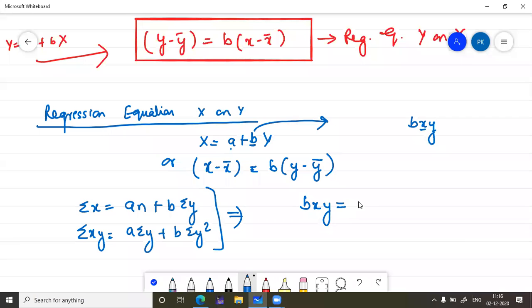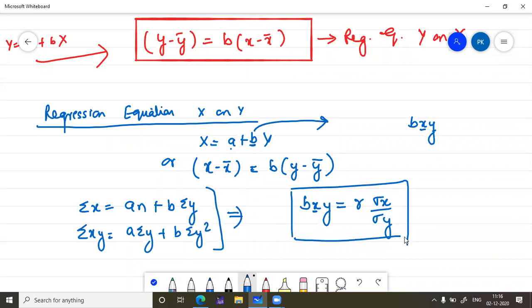So bxy is r, the variable that comes first is in the numerator and the second one is in the denominator.